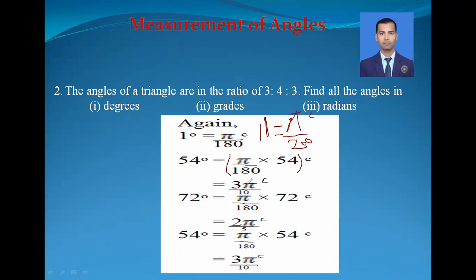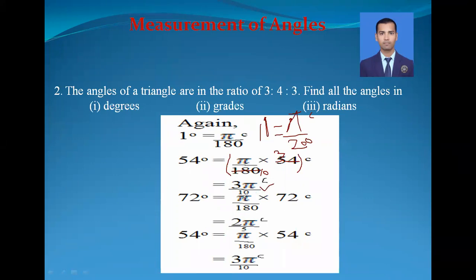After cancelling, 18 1s are 18, that means 10, and 18 3s are 54, so 3. Because there is no common factor, we multiply them. So 3 pi by 10 radian is the answer for 54 degree.